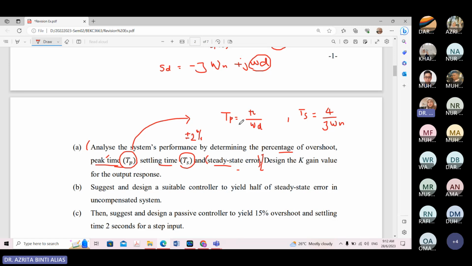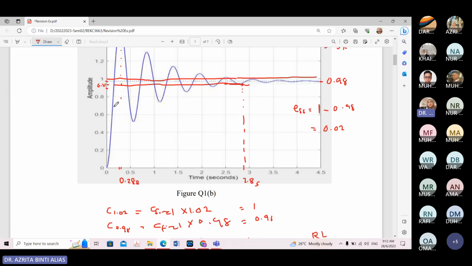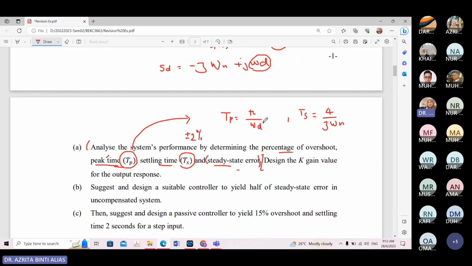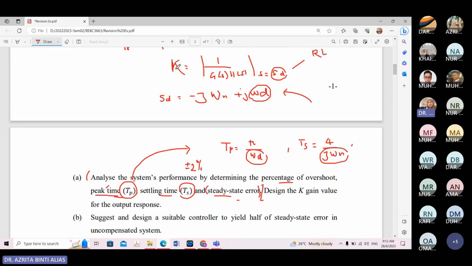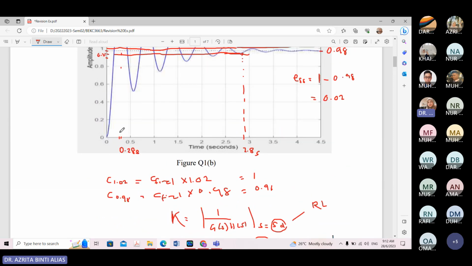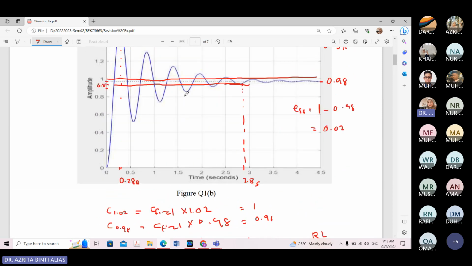So from the value of TP and TS from this graph, we can obtain the value of omega D and then the value of zeta omega n. So from here, definitely we can obtain the ST location, and then we can design the K value for this output response. Okay?